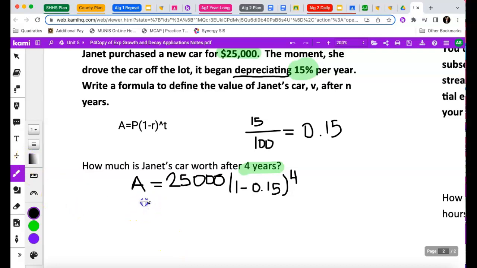So the total amount, A, is equal to $13,050.16. That's the total that the car is going to be worth after 4 years. So if you buy a car, when you go to sell it, you're going to be selling it for less than what you bought it for, typically.